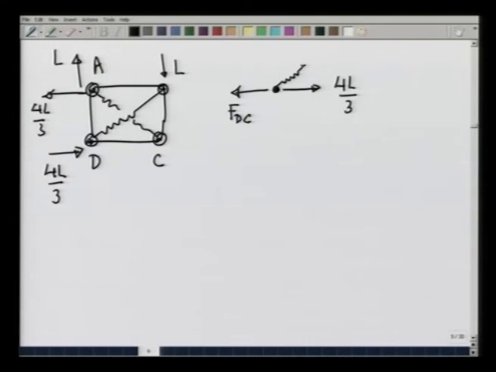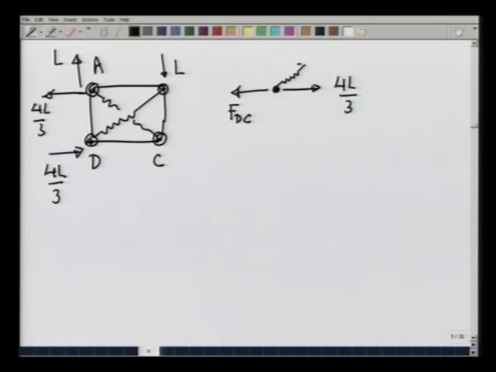Since this is a rope, it can apply only a tensile force. The rope can exist only under tension, not under compression, so it will not support a compressive force. So, it can apply only a force in this direction, let us call it F DB, and there is a vertical force due to the rod, F AD.